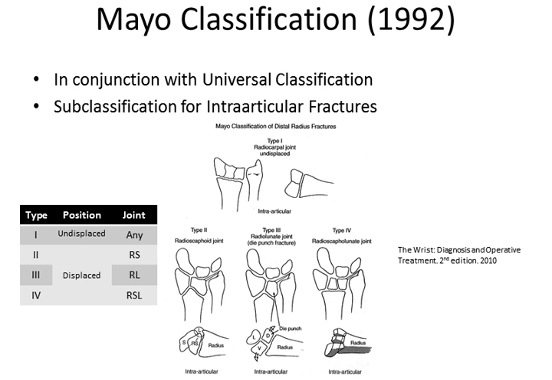Some people even call type 1s extra-articular fractures. Right. Type 2, right, are any displaced intra-articular fracture involving the radial scaphoid. Type 3, radial lunate, and type 4, radial scapholunate. Okay, so this is just a Mayo classification. It doesn't talk about displacement or anything, it just tells you where the fracture line is.